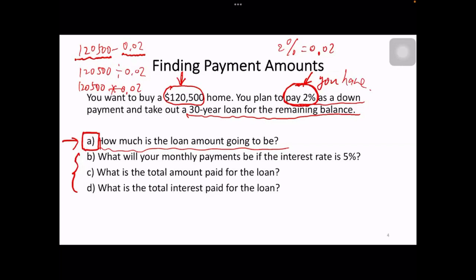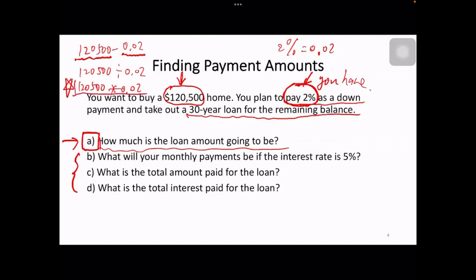What are you trying to find? I'm trying to figure out what 2% of 120,500 is, and then subtract that number from 120,500, and that will be the remaining balance. Yeah, very good. Thank you so much, Josh. Yep, that is the correct answer, actually.